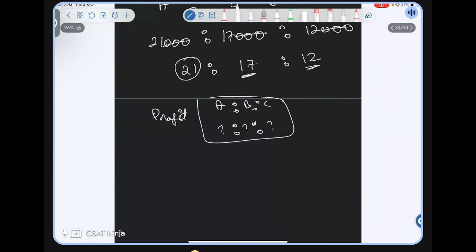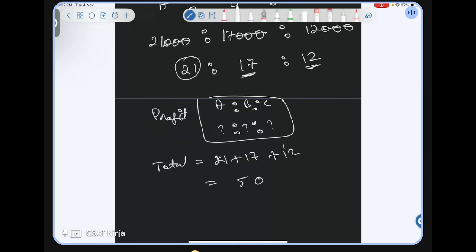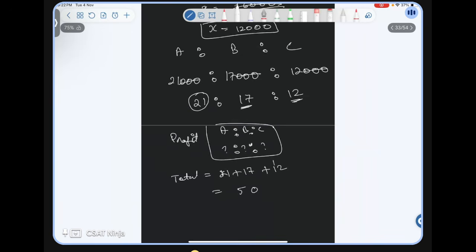The share of A is 21, the share of B is 17, the share of C is 12. Their total share is 50, if my calculation is not wrong.